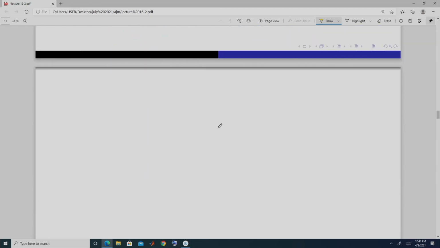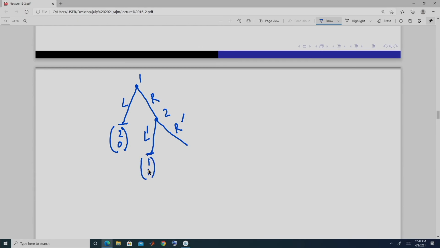Now let's do another example. Suppose the game is played between two players, player 1 and player 2.